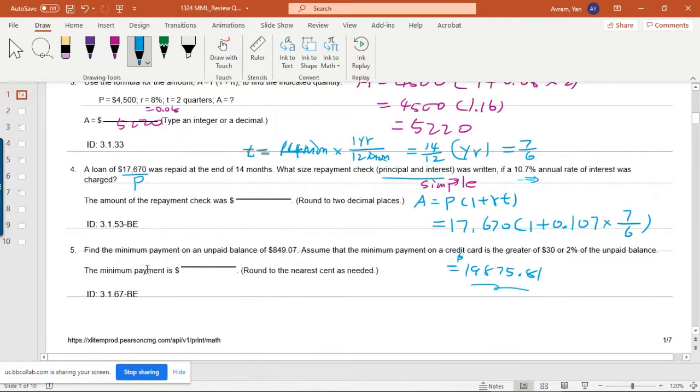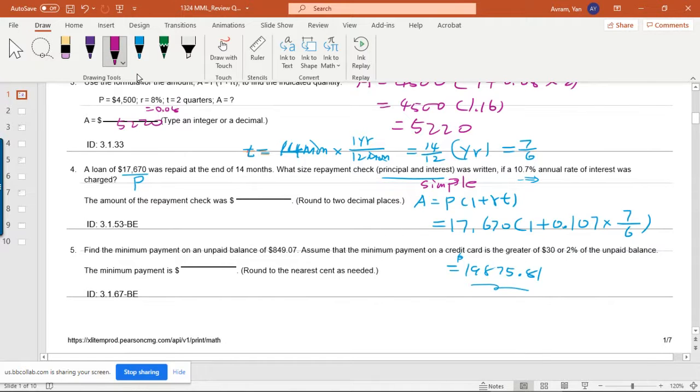All right, number 5 is a minimum payment on the unpaid balance of $849.07. Assume the minimum payment on a credit card is either $30 or 2% of the unpaid balance. Okay, so what is the minimum payment in here?